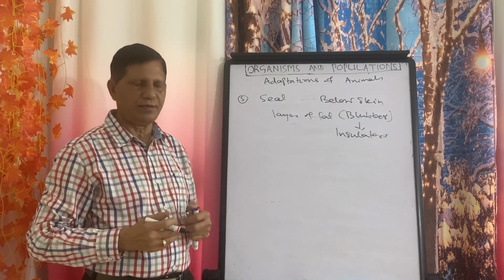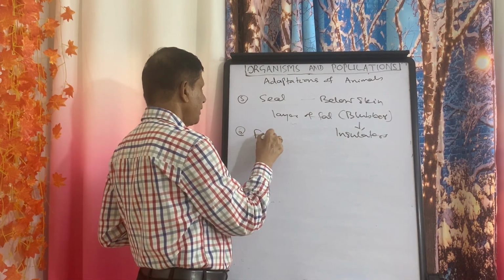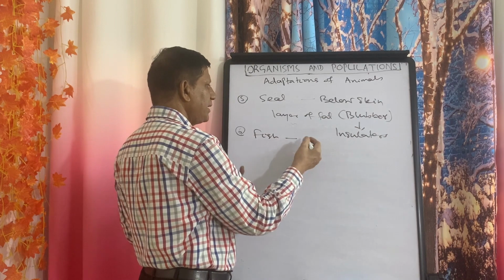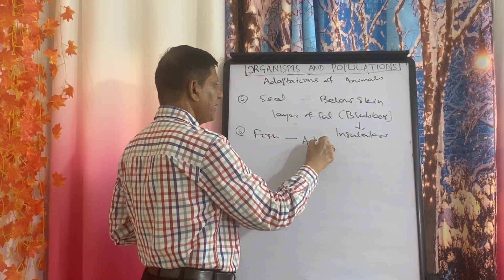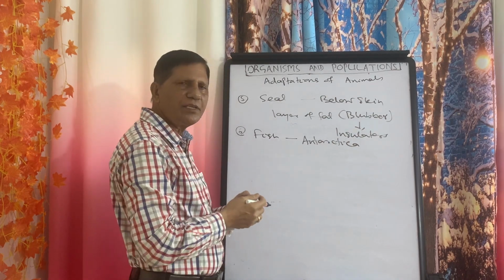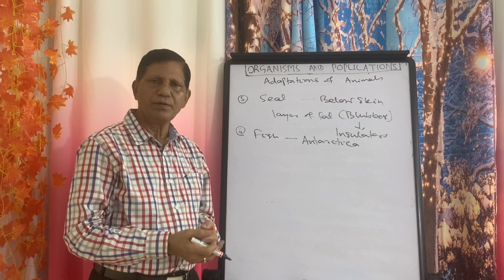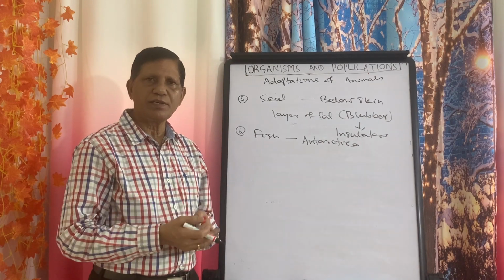It is safeguarded. Then we take the case of fish. The fish which usually survives in Antarctica or any other colder region. How does it survive? Because the external temperature is sub-zero, how will the metabolic reactions take place?